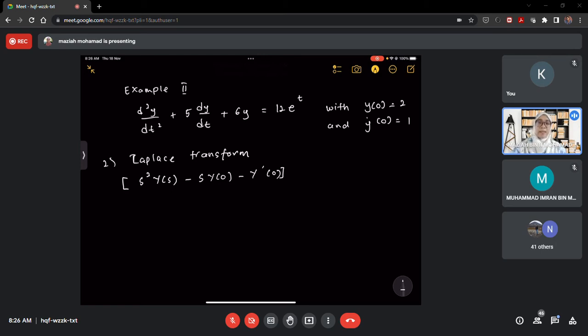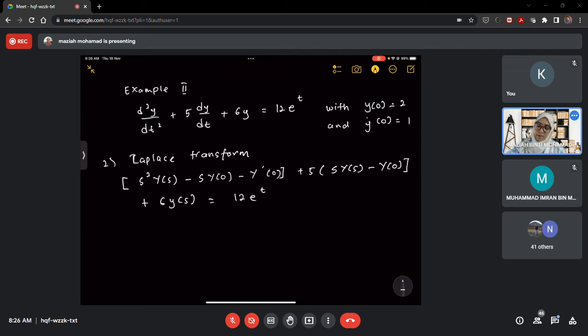That is the second differentiation. And then the second part is the first differentiation: 5 multiplied with s Y(s) minus y0. You should remember the form for second differentiation and the form for first differentiation. Then we have plus 6Y(s) equal to 12 exponent t.